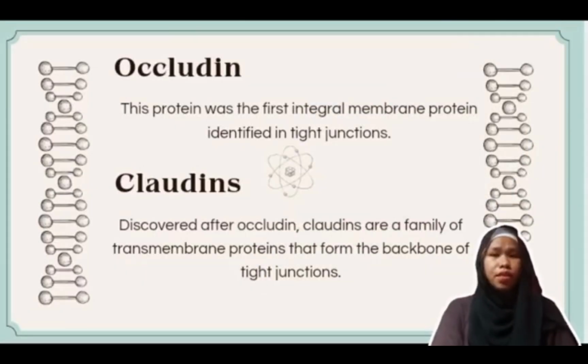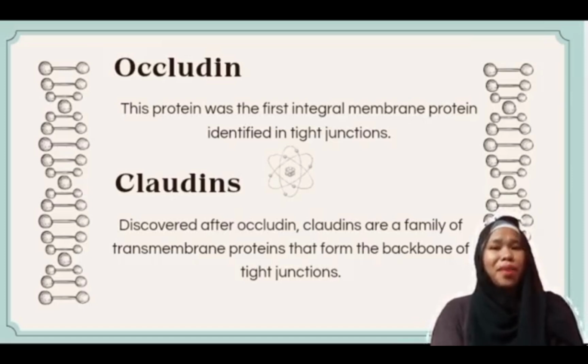So occludins, this protein was the first integral membrane protein identified in tight junctions. Occludins are tetraspan transmembrane proteins, meaning they have four transmembrane domains that span the cell membrane.